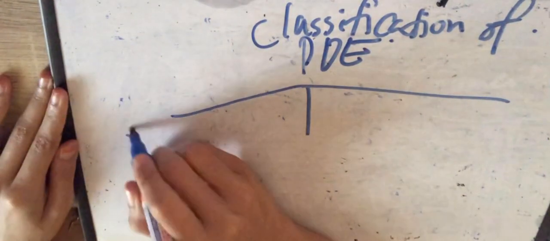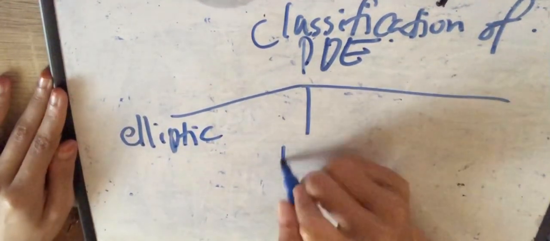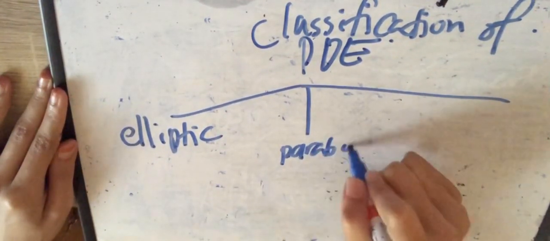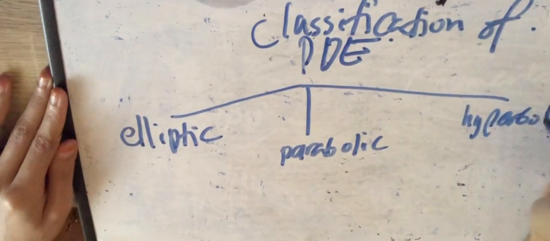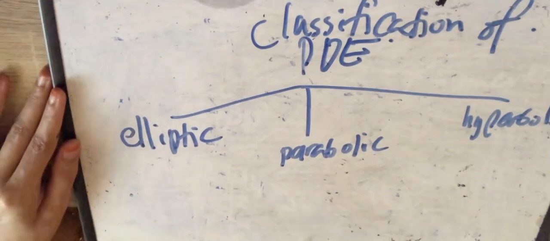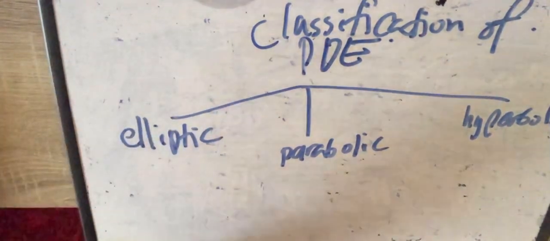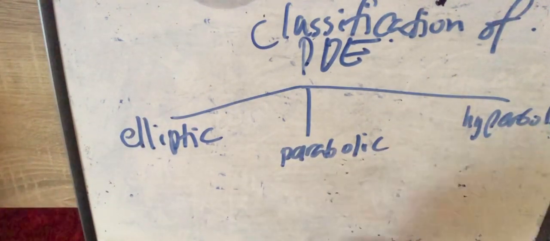The first one we call elliptic, the second one parabolic, and the third one hyperbolic. So there are three types of PDE: elliptic, parabolic, and hyperbolic. Before you can classify which category it is, you need to know the formula first.